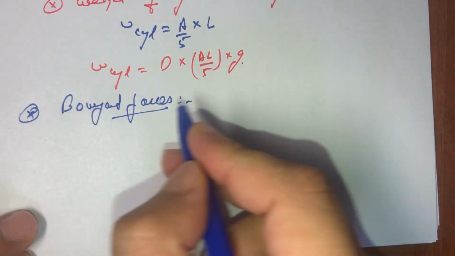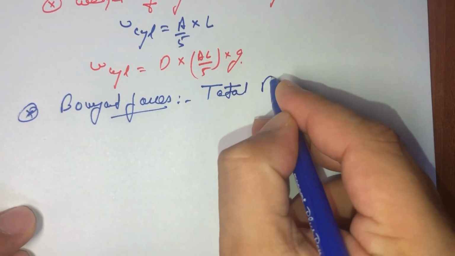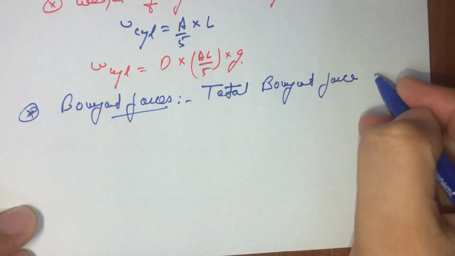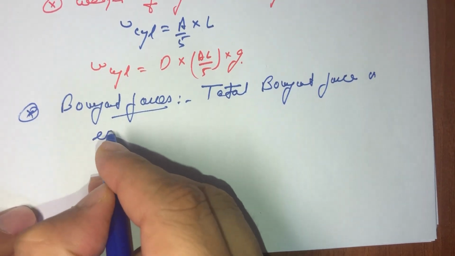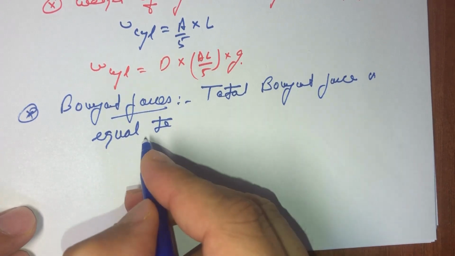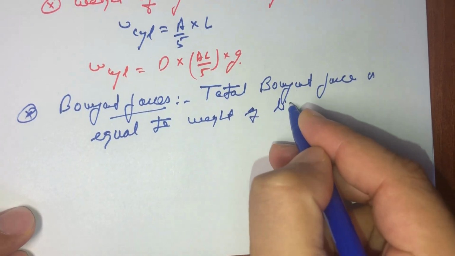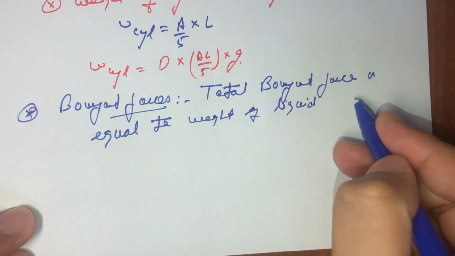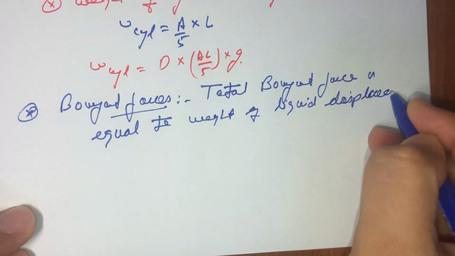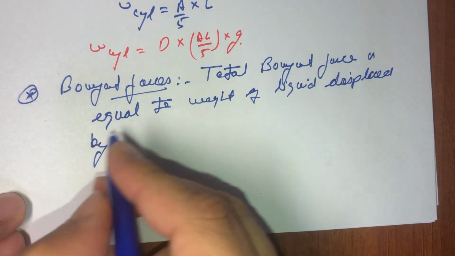The total buoyant force is equal to the weight of the liquid displaced by the submerged part of the cylinder.